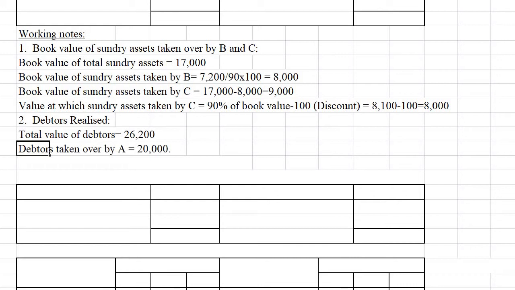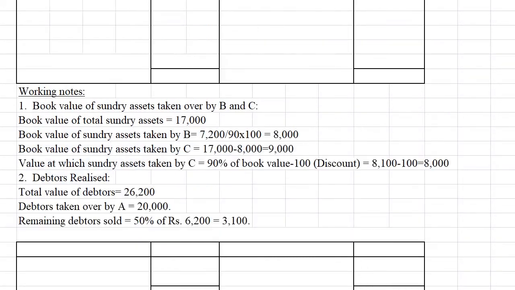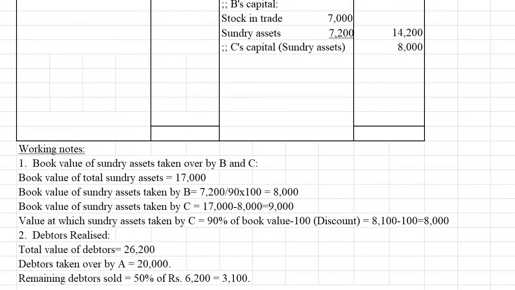A took over 20,000. So the remaining sundry debtors is 6,200, and that is sold at 50%. So 50% of 6,200 is equal to 3,100. That can be written here by cash, in bracket debtors, 3,100. Clear?